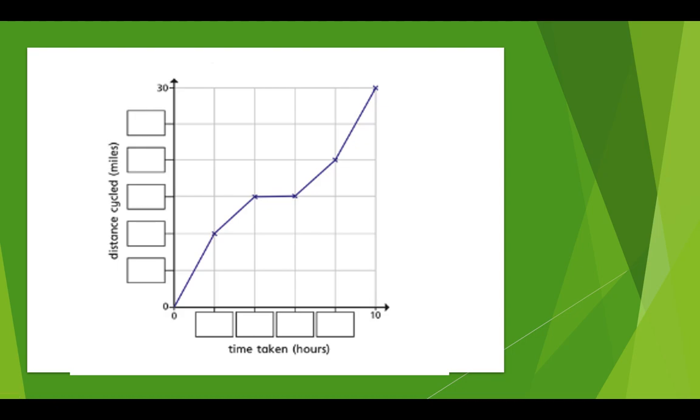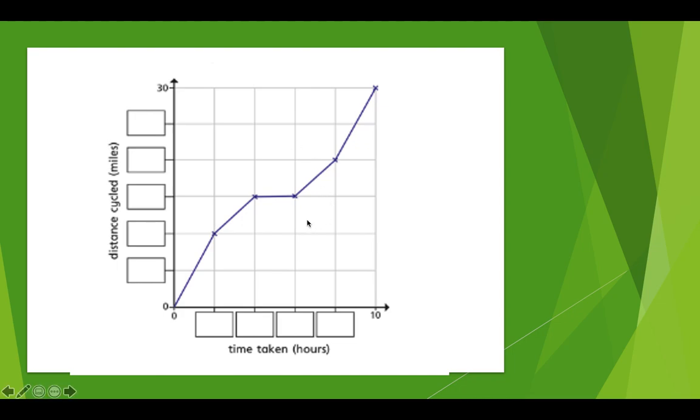So don't be panicked by questions where you have to fill in the gap. You just have to look closely at the graphs and it will give you all the information. You've just got to do a little bit of working out for yourself. So enjoy the next 2 days on line graphs. I like statistics. Statistics is a really nice little bit of maths.